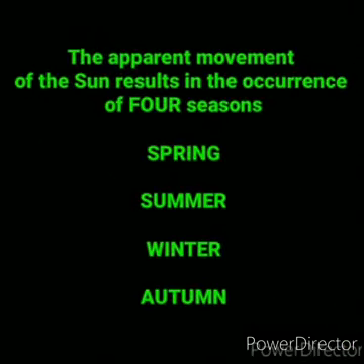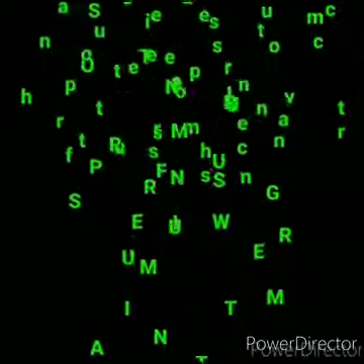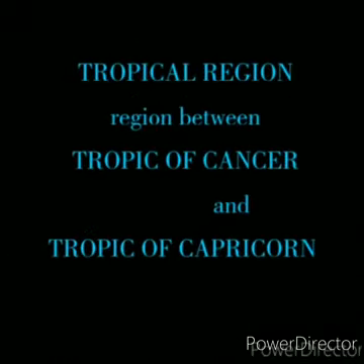Seasonal changes are very obvious in the tropical regions due to the large amount of sun's rays throughout the year. Tropical region means the region between Tropic of Cancer and Tropic of Capricorn, or the low latitudinal regions.